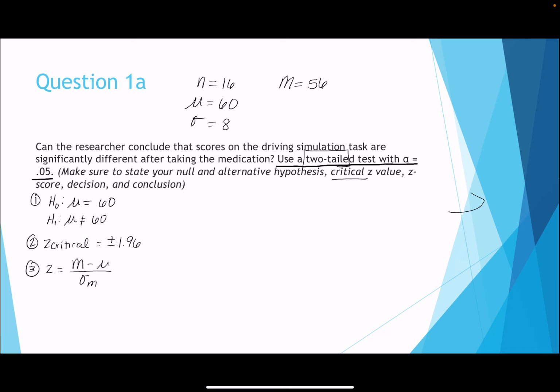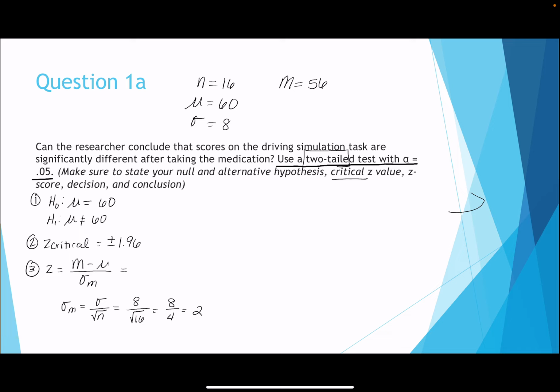First we need to find that standard error. Standard error is my standard deviation divided by the square root of our sample size. So this is going to be 8 divided by the square root of 16, or 8 divided by 4, which is going to give us 2.